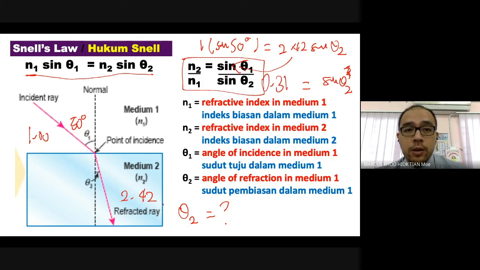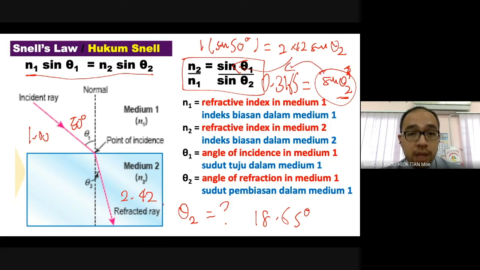So how do you get this theta 2? How do you get 18.45? What must you do? You press shift sine, because you need the inverse sine. You press shift sine 0.3165, you get 18.45, sorry.